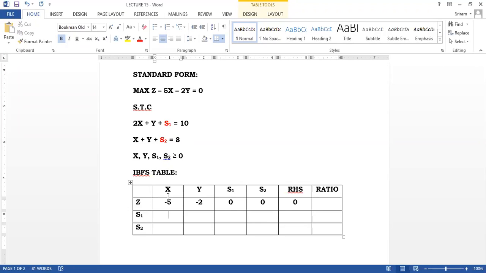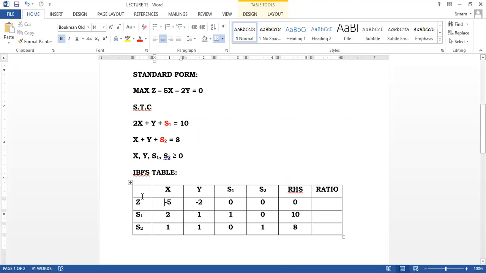For the first constraint, the values are 2, 1, S1 is 1, there is no S2, and the right hand side value is 10. In the same way, the second one is 1, 1, there is no S1, S2 value is 1, and my right hand side is 8.